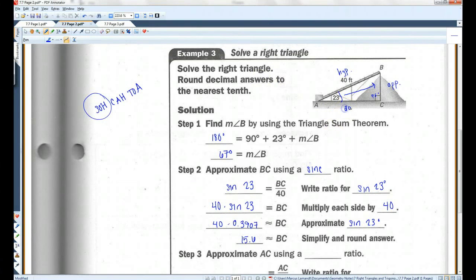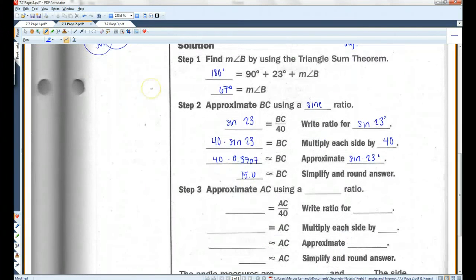Okay? Now let's look at AC. AC is the adjacent side. So, adjacent side, and we're given the hypotenuse. Adjacent, hypotenuse, we're going to use cosine here. So, approximate AC using a cosine ratio. Cosine of 23 degrees equals AC over 40. So that's writing the ratio for cosine of 23. I'm going to multiply each side by 40. So I've got 40 times cosine of 23.